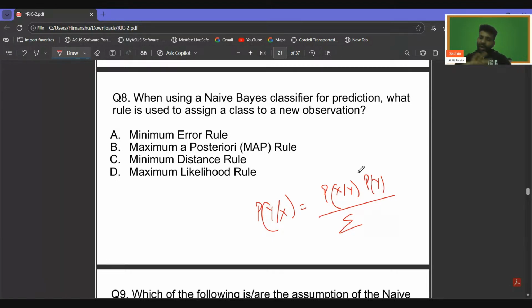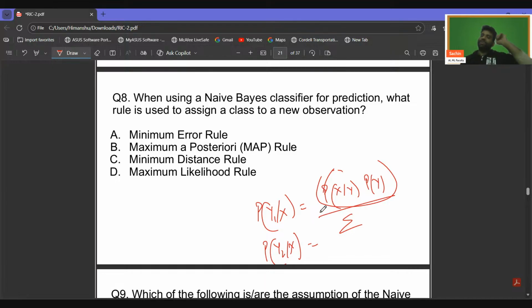We could avoid it if we just want to compare this score, because the denominator would remain the same for every class. So if I'm using y2 instead of y, the denominator would still be the same. So in that case, we just compare the numerators.